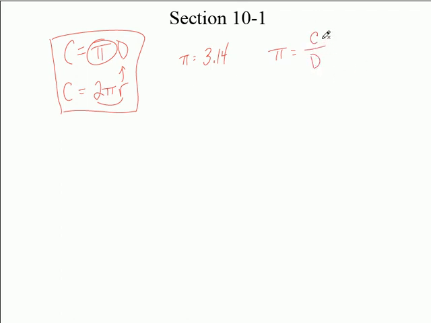Now, we don't really have time to do this right now, but if you took a circle and figured out what the circumference was and divided it by its diameter, no matter how big or small the circle was, it didn't make any difference. Guess what you would always get? You'd always get a little bit more than 3. What I usually do is take a cardboard circle and a string, wrap it around, get the circumference, hold it straight and measure that straight line.